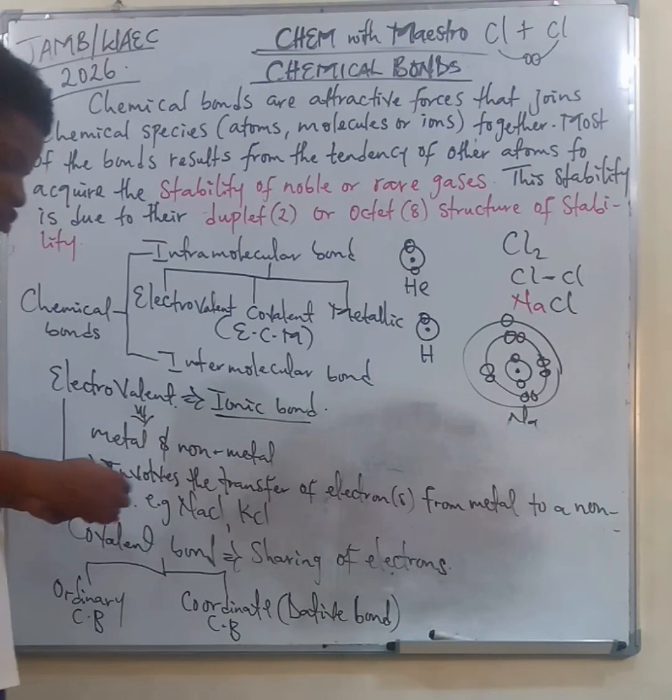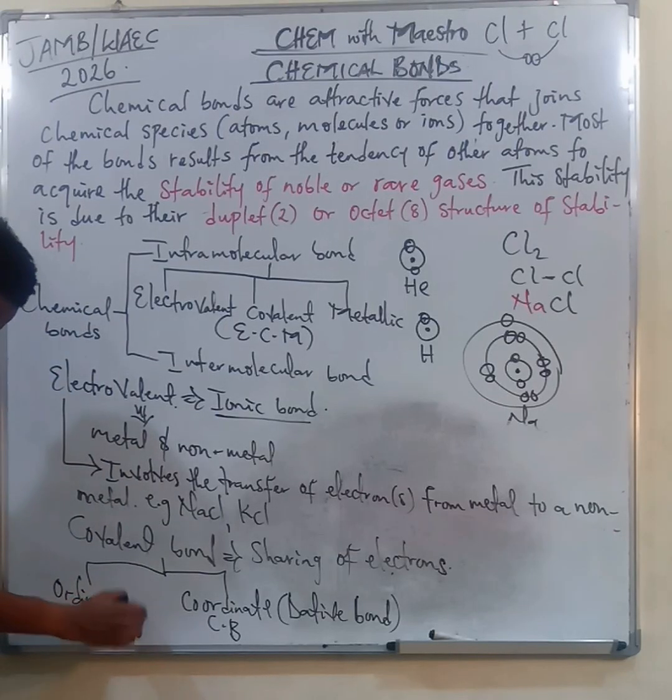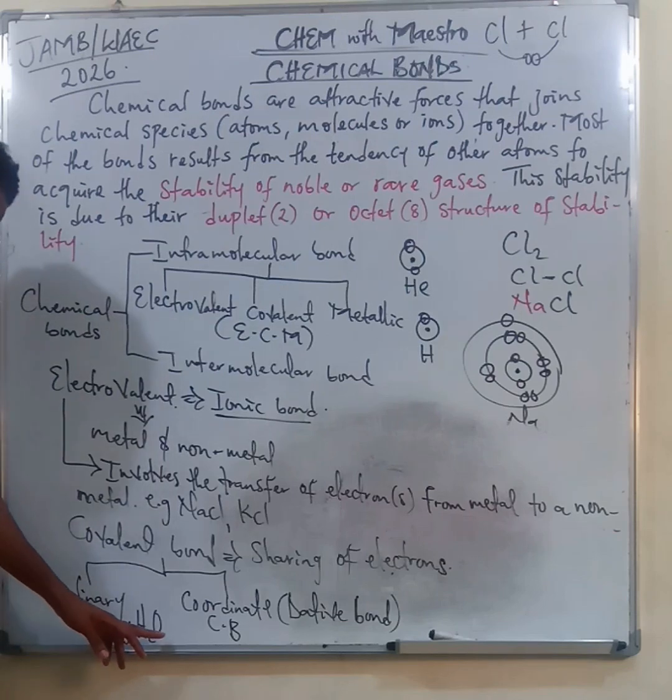Covalent bonding. For example, hydrogen combined with oxygen to form water. Here you have the ordinary covalent bond, because the electron is shared equally between oxygen and hydrogen. So hydrogen donated the same amount as oxygen and they share it together. So that's equal sharing. So you have water.